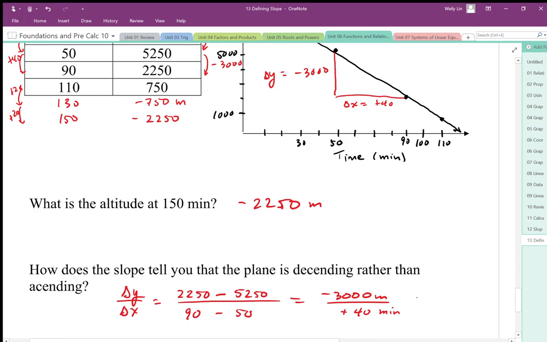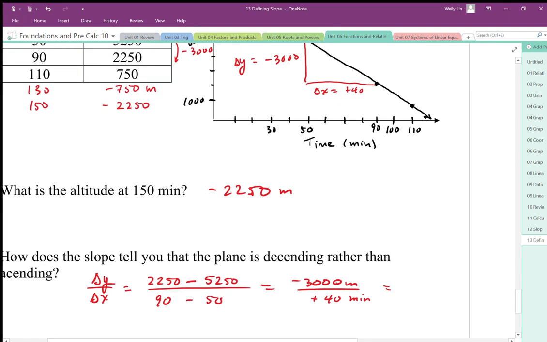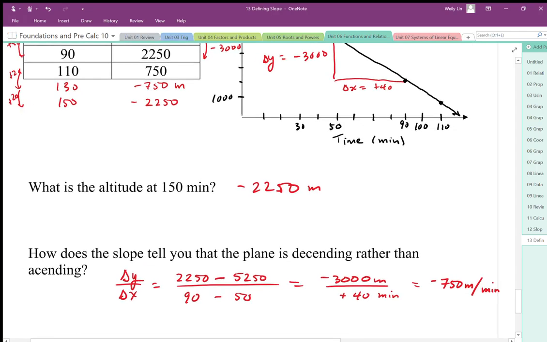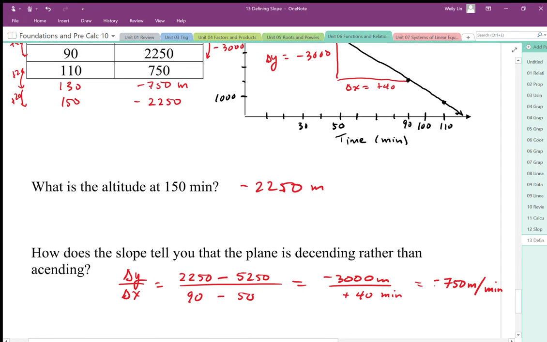When I work out this slope, it's going to be negative, and we can work out the unit slope if you like. It looks like it's negative 75 meters per minute. That's the unit slope, and the negative indicates that it is descending rather than ascending. It's going down versus going up.